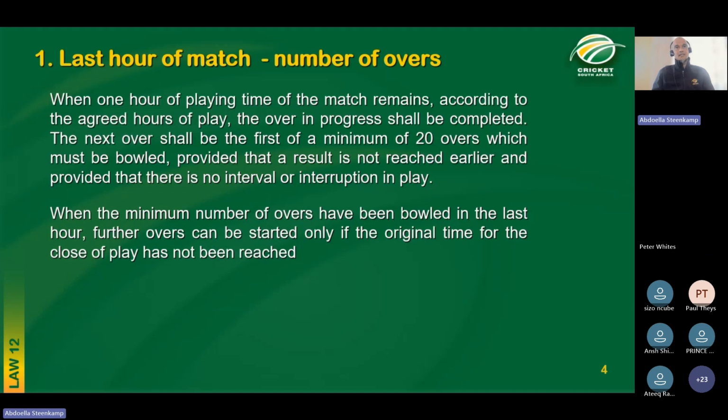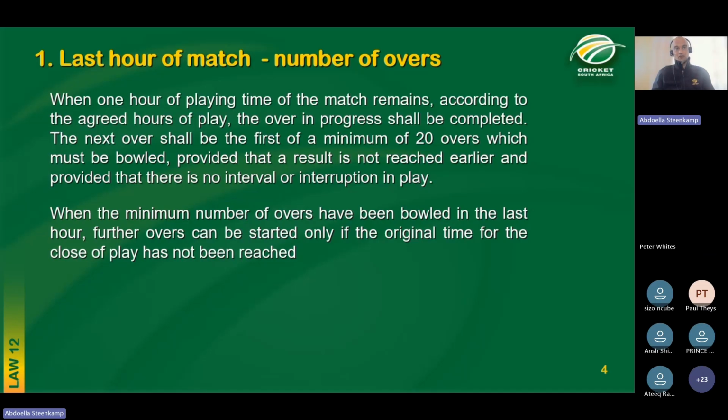What happens next? Play will continue because the law wants a minimum of 20 to be bowled. So the fielding side needs to continue bowling for a further 5 overs.